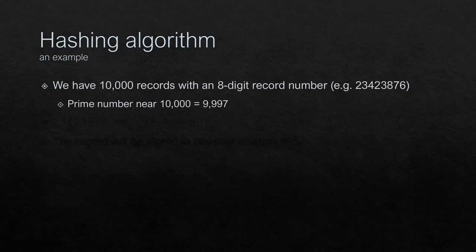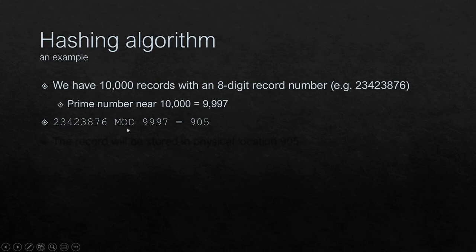Now here's an example. Let's imagine we've got 10,000 records in our file and we have 8-digit record numbers. So we've got this number here, 2345238676. If we take 10,000, the nearest prime to that is 9997. So we take the record ID, which is this number that starts 234, and we use the mod function.